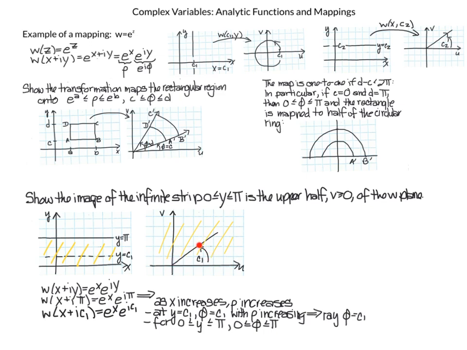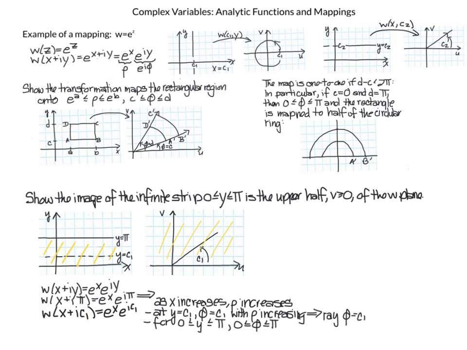So we are on this angle, c1, and as x increases, our rho increases. In other words, we're held at phi, our angle, c1, but as x increases, we march out along this ray. So with rho increasing, we get the ray phi is equal to c1.